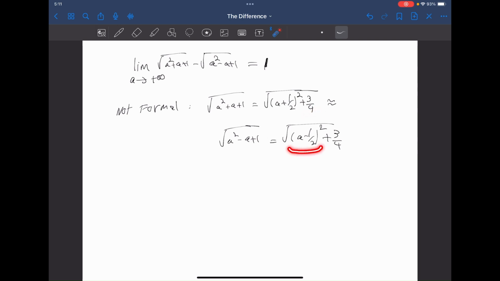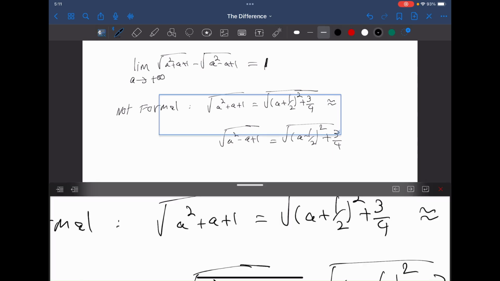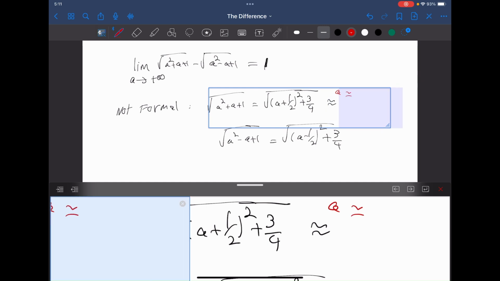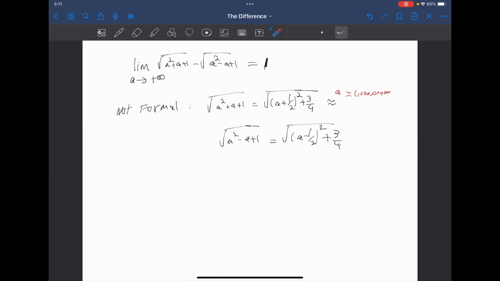The same for here. This is going to be huge and this is small. Here by large, I mean something like a being 10000000, right? In that case, this first term is huge and the second term is very negligible. So basically I can get rid of this.